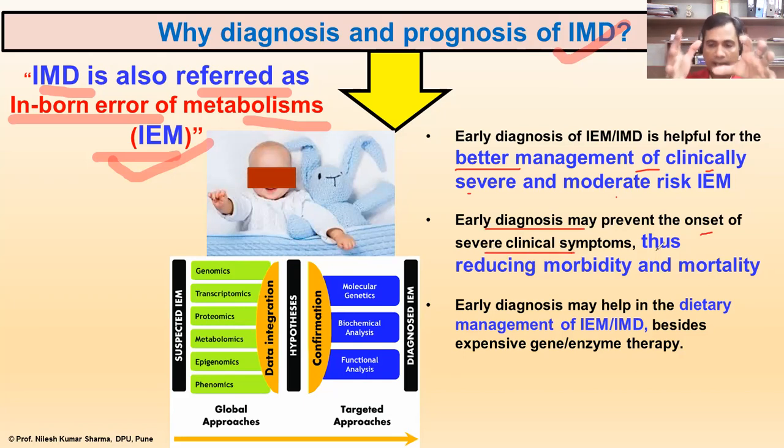If you are managing the metabolic disorder early, the severe clinical symptoms can be minimized, and that is why the mortality and morbidity among newborns or children can be reduced. That is the need.